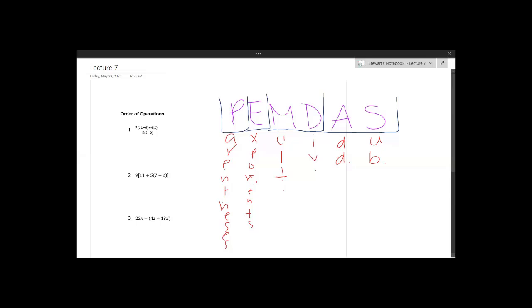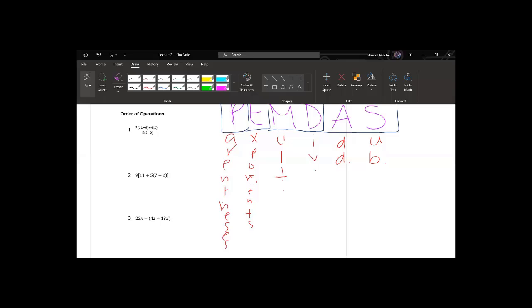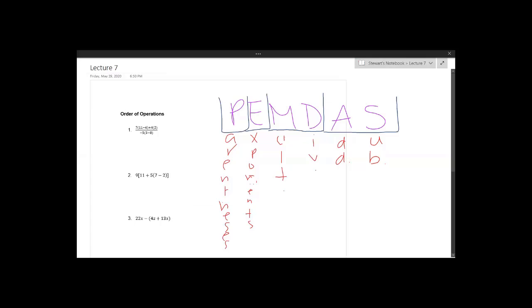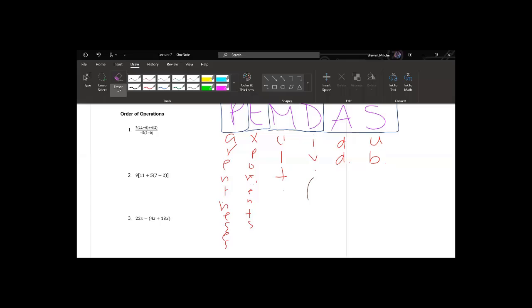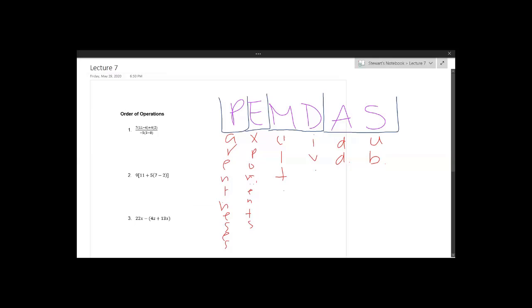It's also important to note that when you see a fraction, that fraction is division, but it has to be done at the very end. Say you have a fraction with a times b plus c minus d over e plus f.